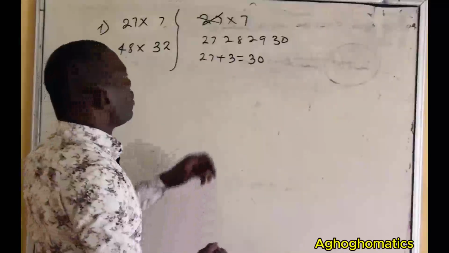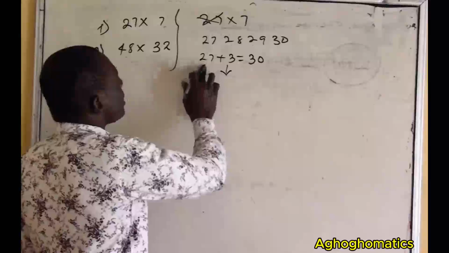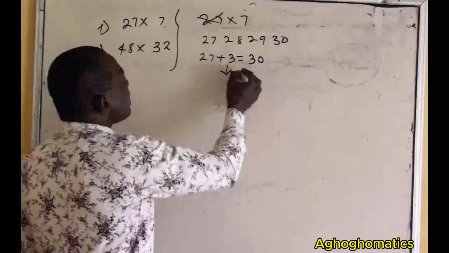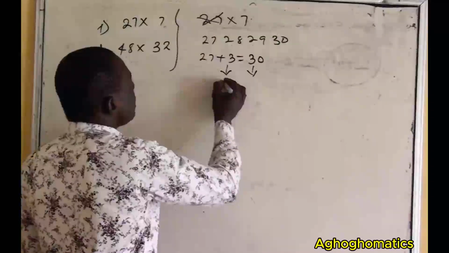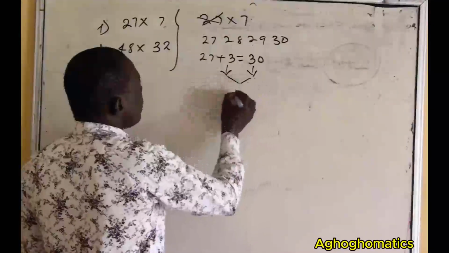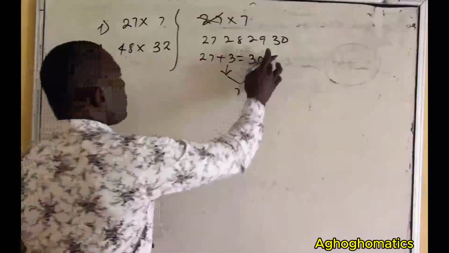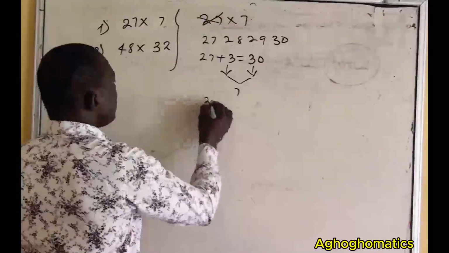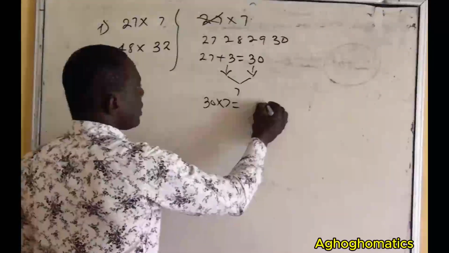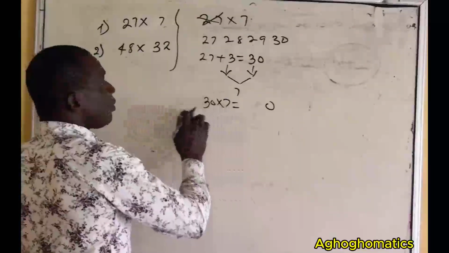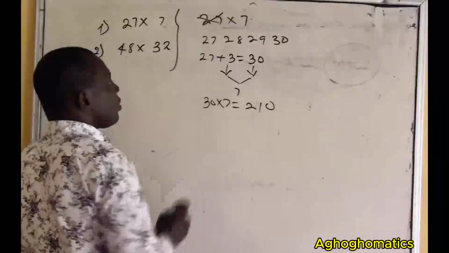All you need to do is pick the number you added to 27 to make it 30, the 30 itself, and the other multiplier, which is 7. So you're going to make use of these three numbers. We simply say 30 times 7. 7 times 0 is 0, 7 multiplied by 3 is 21.